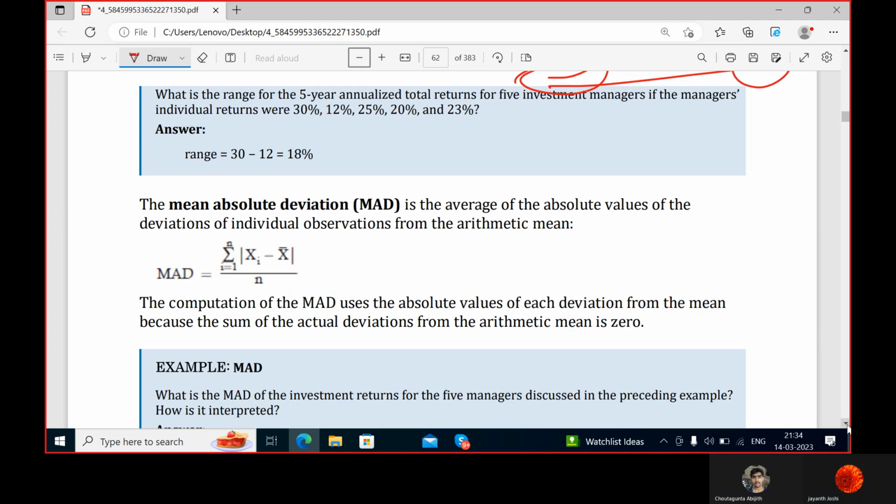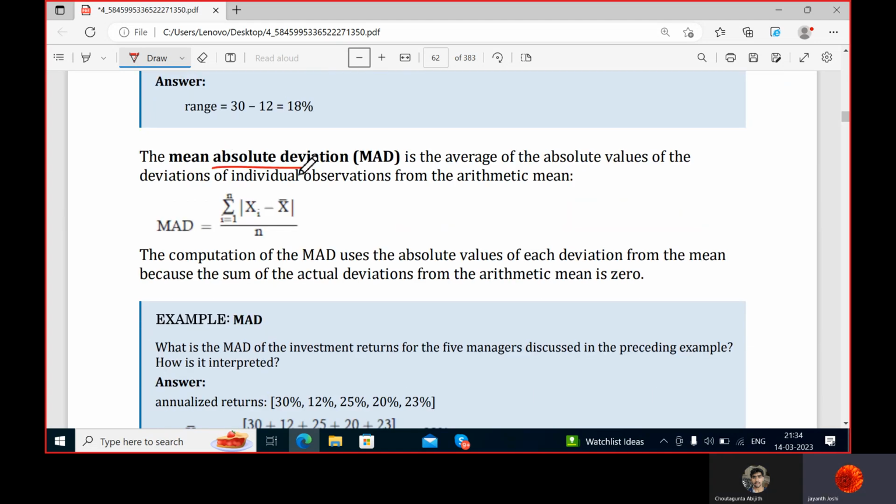Now mean absolute deviation. See, you already know that x minus x bar can give you negative values, correct? But you are eliminating that if you are using mean absolute deviation. You are only taking the absolute change, not the actual change.